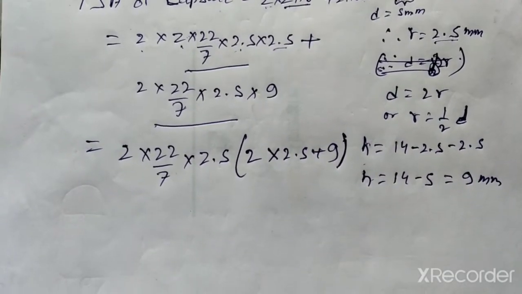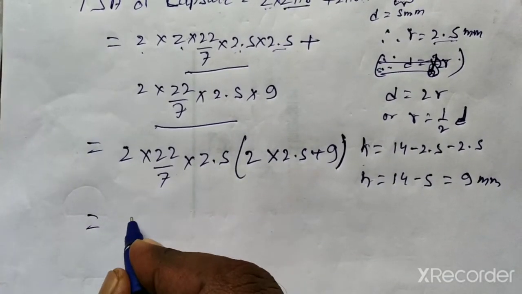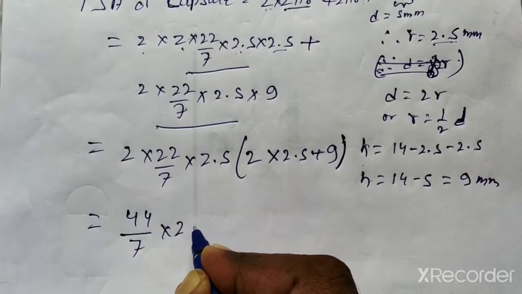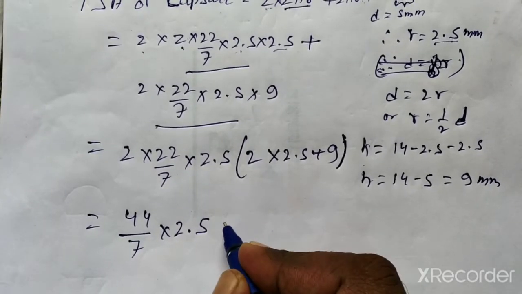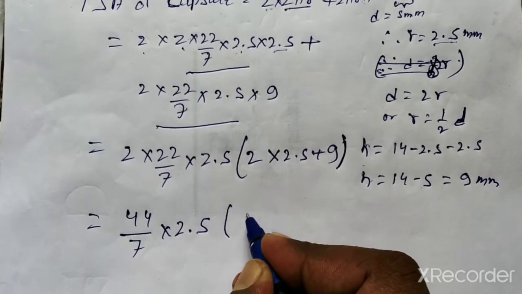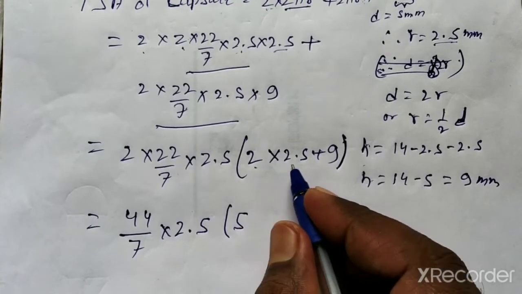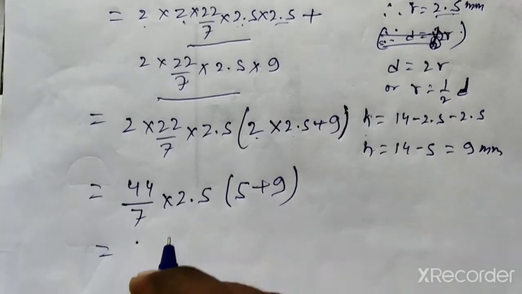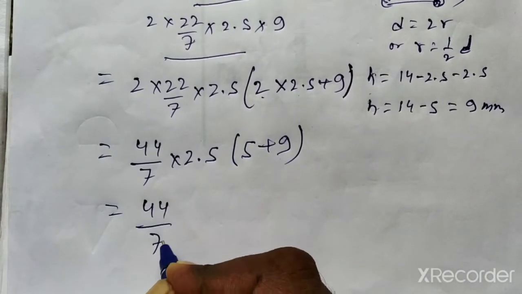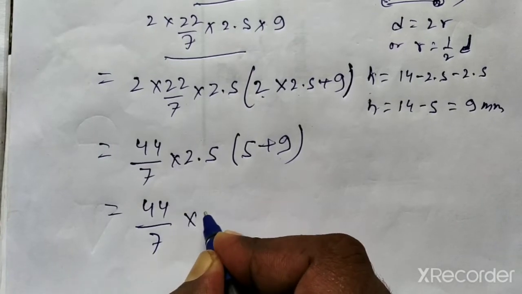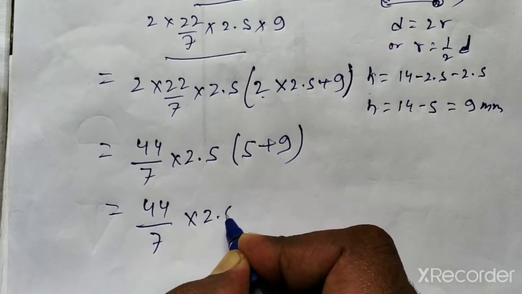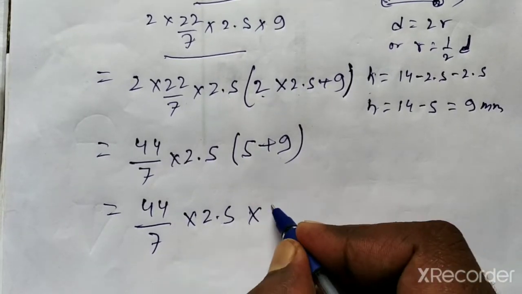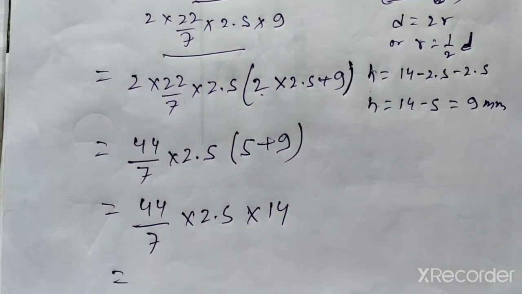Now this is equal to 44 by 7 into 2.5 into, 2 into 2.5 will be 5, plus 9. This is equal to 44 by 7 into 2.5 into 14.